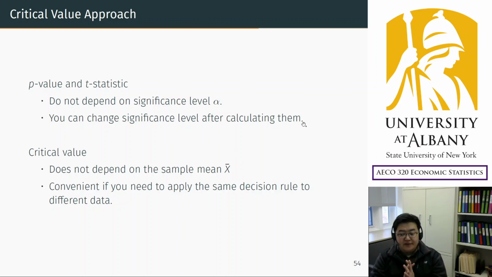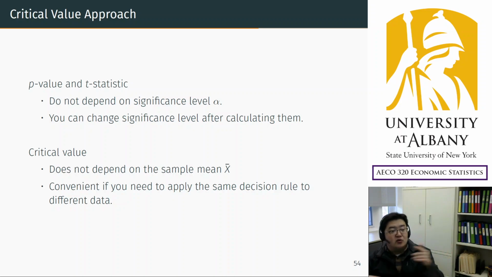So this is a different approach, and the critical value is more convenient if you need to apply the same decision rule to different data. For example, when you test the study hours for this year and next year, and you do the test every year, the critical value approach will be more convenient because you may use the same critical value every year.